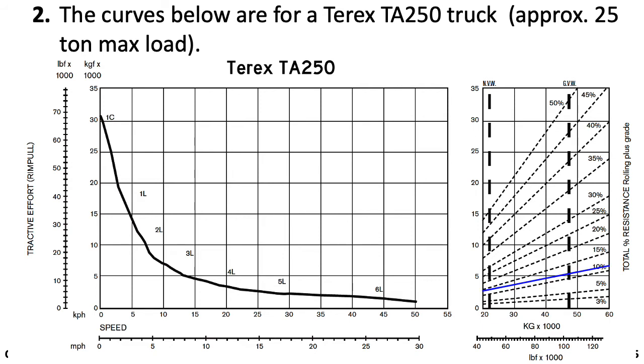First, you need to identify the resistance line, let's say 12%. Then you make the vertical line at a certain vertical weight. Next step, you go horizontally to the gear curves, and finally go vertically down towards the speed axis to find the maximum speed.